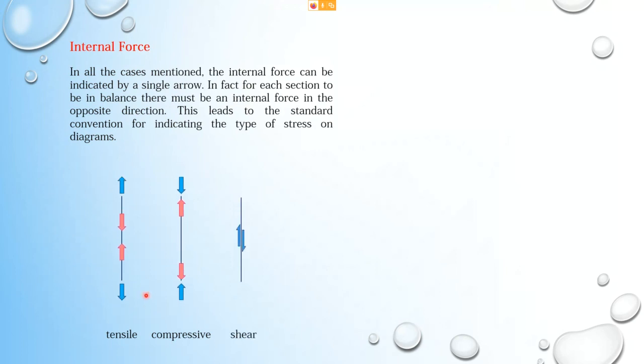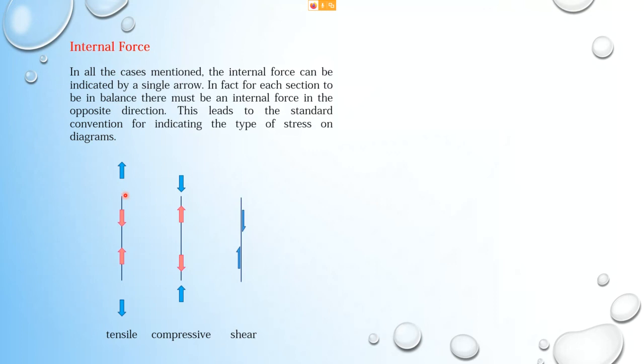Now the first one, the blue arrow tends to pull the object outwards, to elongate it. But then the red arrow represents the internal resistance. The blue arrow represents the external applied force, and the red arrows are called the internal resistance.